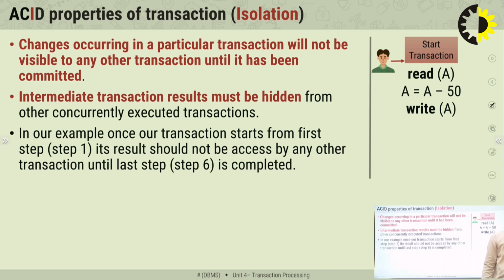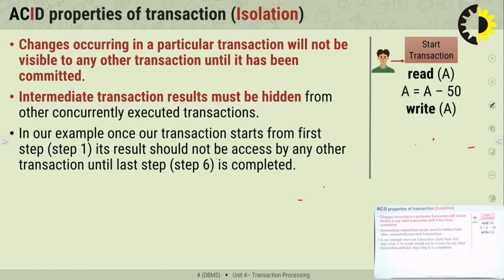In our example, once our transaction starts from the first step, its result should not be accessible to other transactions that are running parallelly.